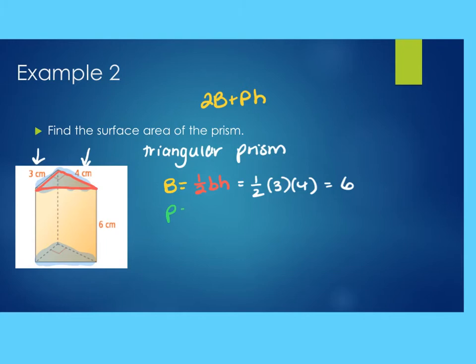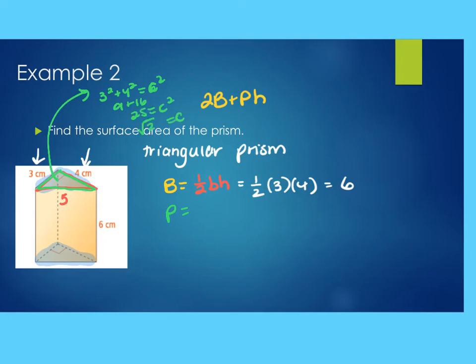Then I need the perimeter of that same base, which means I need to add up all my sides. I have 2 of the 3 sides. There's a 3 and there's a 4. I'm missing the hypotenuse of that triangle. If you remember your triples, this is where they come in handy. That's a 5. If you don't remember them, then you've got to do the Pythagorean theorem. 3 squared plus 4 squared would equal the hypotenuse squared, or c squared. 9 plus 16 is 25.